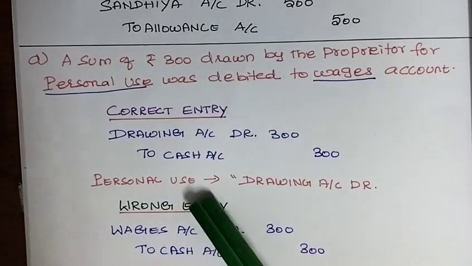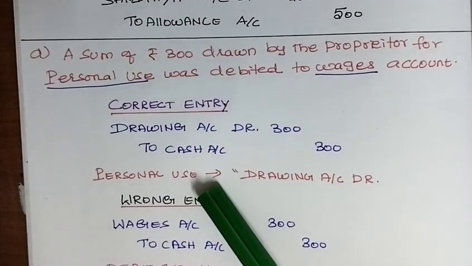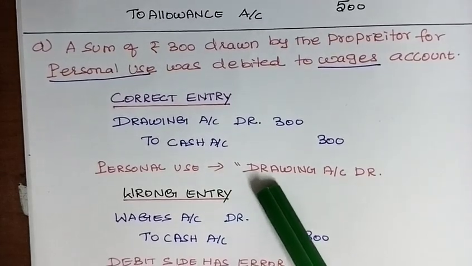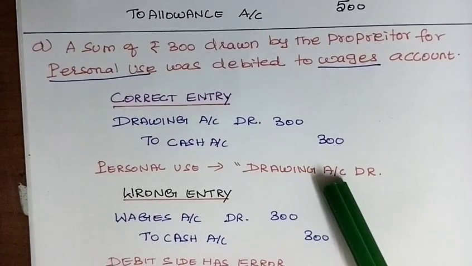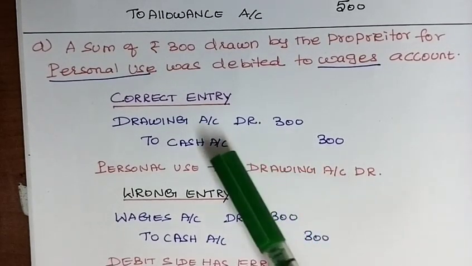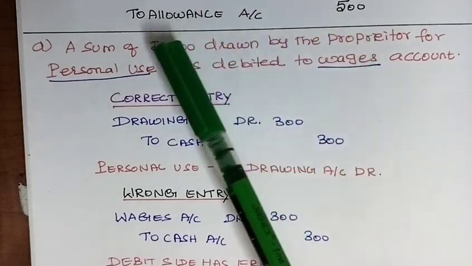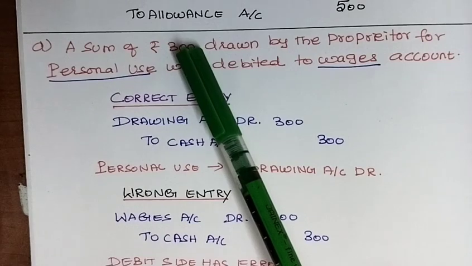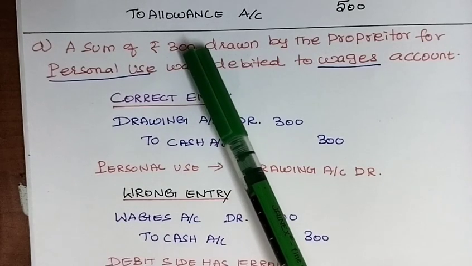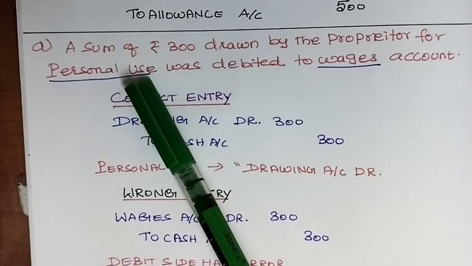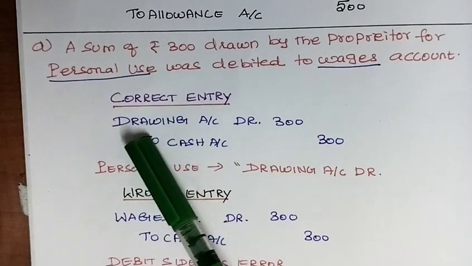Whenever you see personal use in the given transaction, you have to use the term drawing account debtor. Drawing account is always debited. So the correct entry: a proprietor has taken 300 rupees from his business for his personal use. So personal use means drawing account debtor.